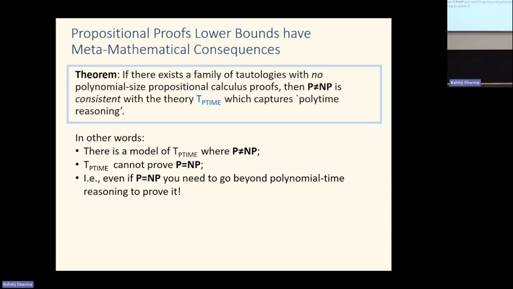And so it shows us that even if P is equal to NP somehow, you need to go beyond polynomial time reasoning to prove it. So that's an interesting mathematical consequence from a somewhat combinatorial looking question about short propositional proofs.